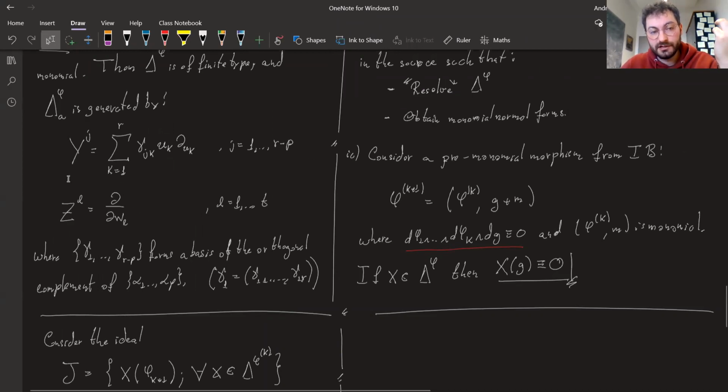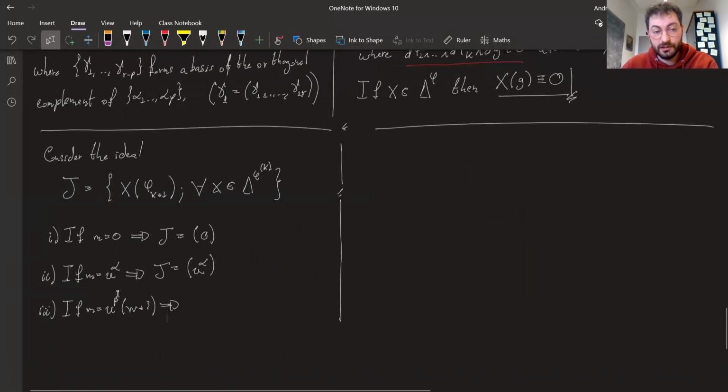Nevertheless, all of the derivations in w do appear. So once we derive in w here, we obtain just u to the power beta. So we are going to see that J is equal to u beta, which is monomial. So if we have a pre-monomial morphism and we consider this ideal J, we obtain something that is either 0 or monomial.